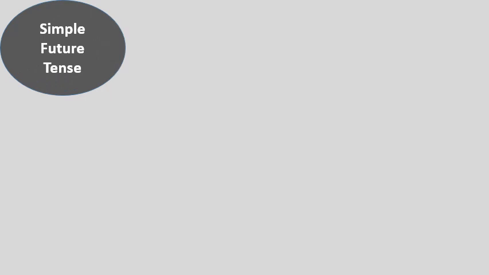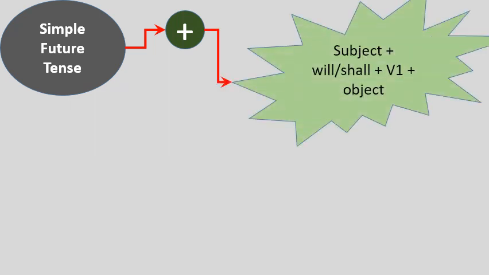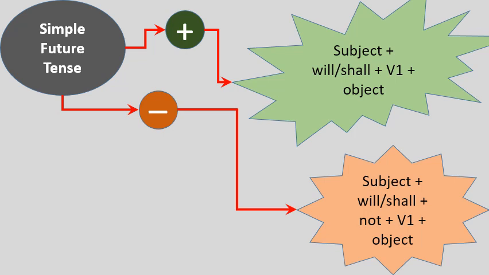Let's see the structure of simple future tense when we use it in affirmative, negative and interrogative sentences. In the affirmative or positive sentence, the structure will be subject plus will or shall plus first form of the verb plus object. For example, I shall go to Thailand. In the negative sentence, the structure will be subject plus will or shall plus not plus first form of the verb plus object.